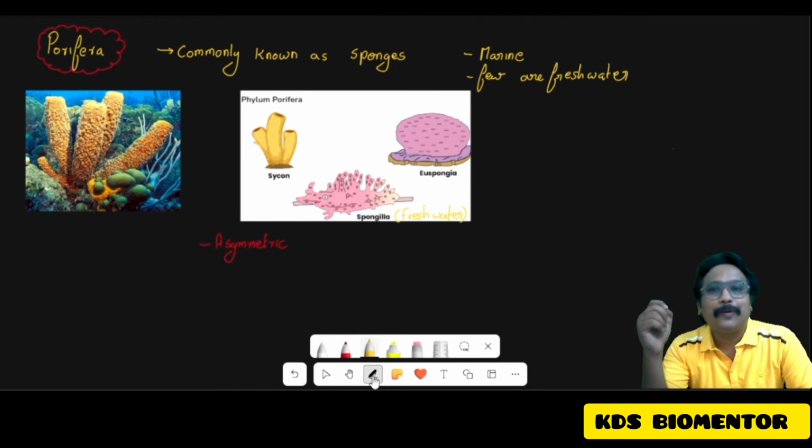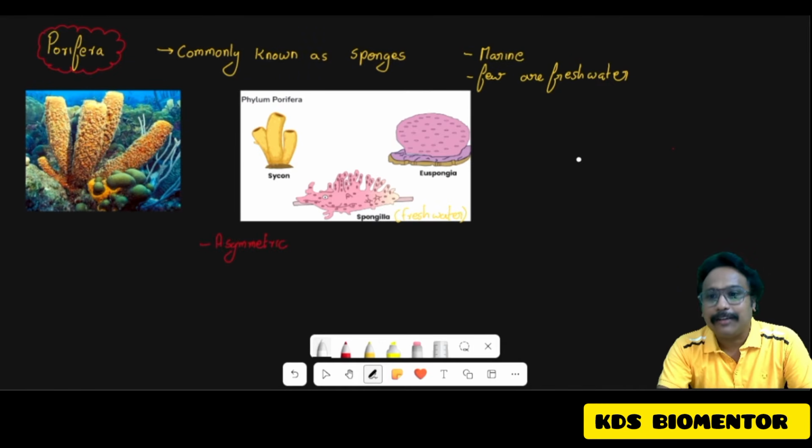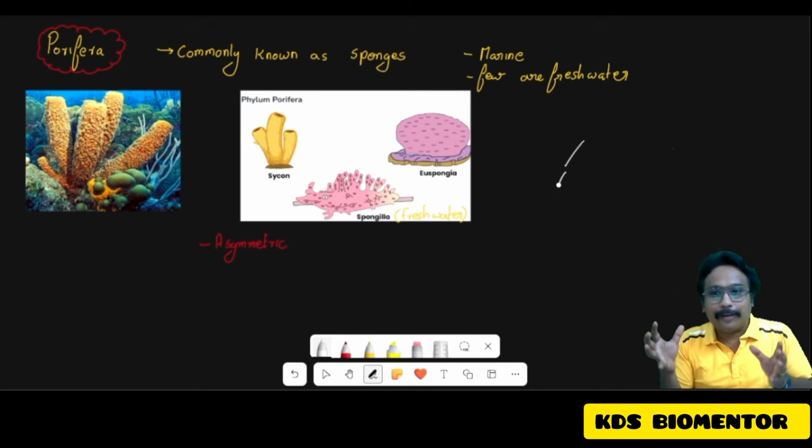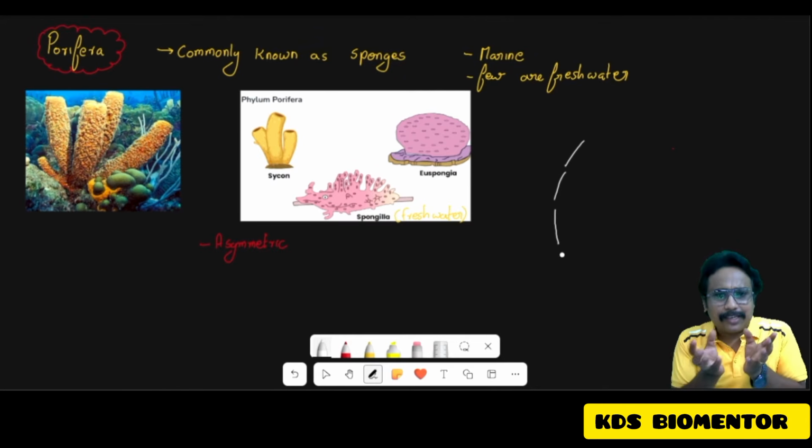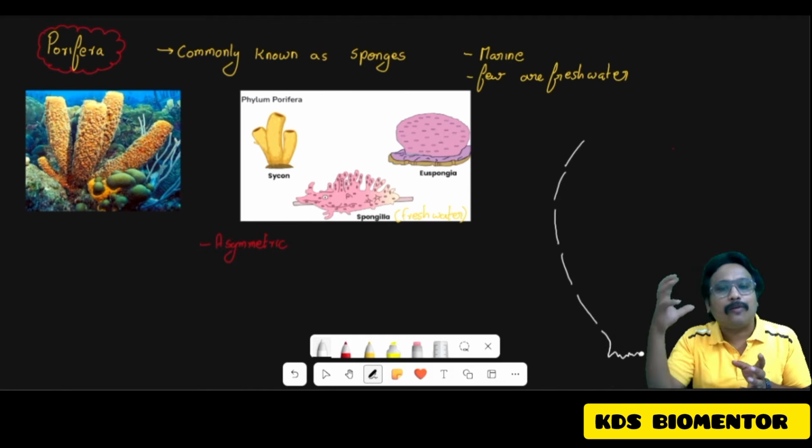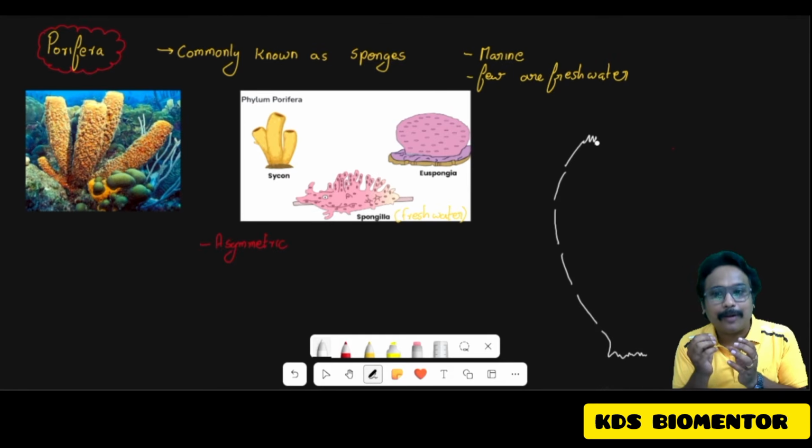Now let me draw a diagram in order to explain the structures further. Just look at the diagram which I am going to present here. If you take the body of the sponge, as seen in the picture, so many holes are coming all over the body.